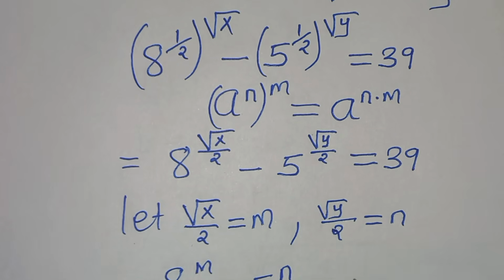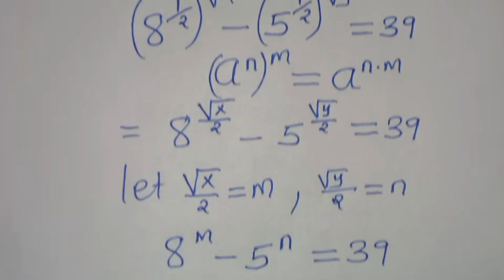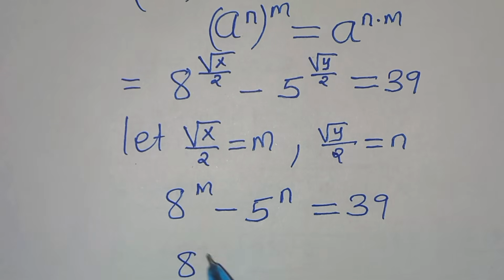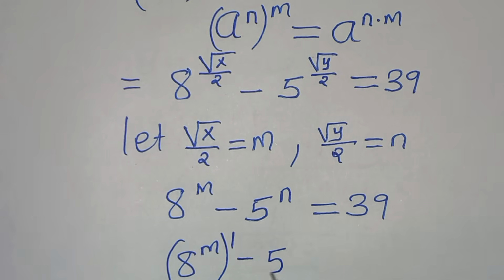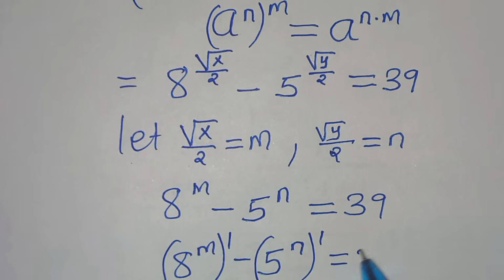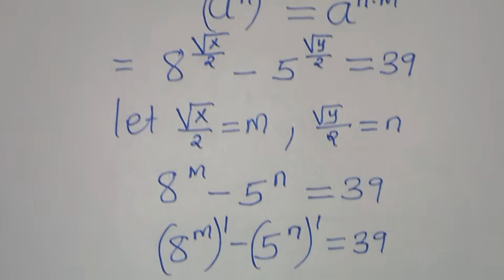This is equal to 39. We can express 8 to the power of m as 8 to the power of m raised to the power of 1, minus 5 raised to the power of n raised to the power of 1. This is equal to 39.